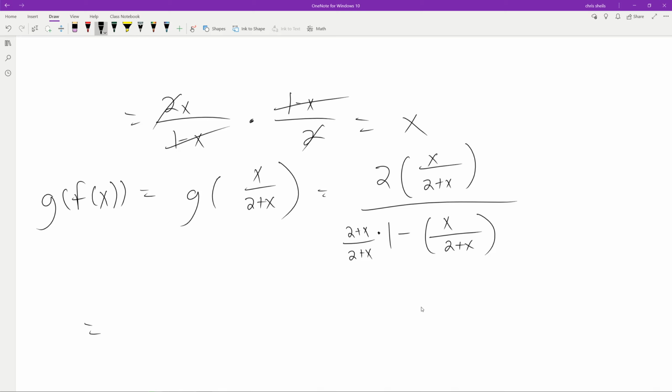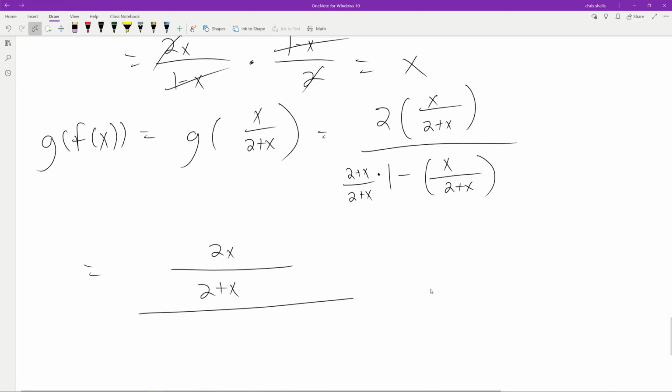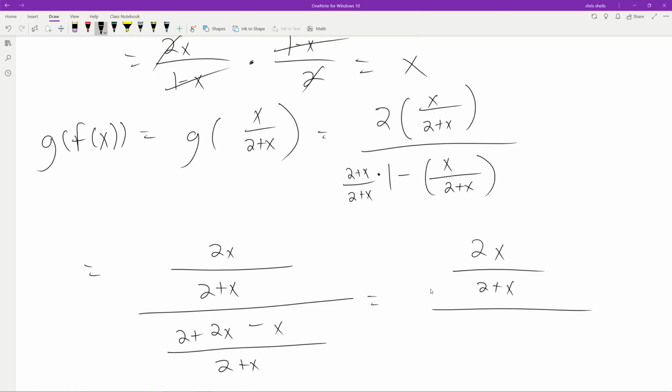This gets me 2x over 2 plus x divided by 2 plus 2x minus x over 2 plus x. This is 2x over 2 plus x divided by, what do I have here? 2 plus x over 2 plus x.